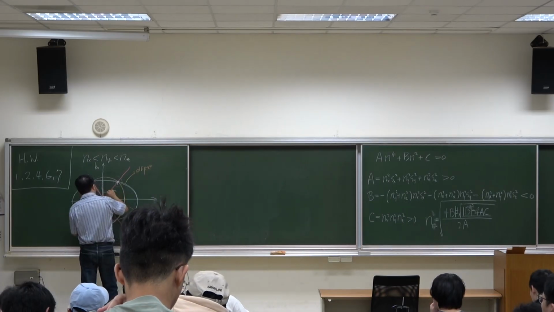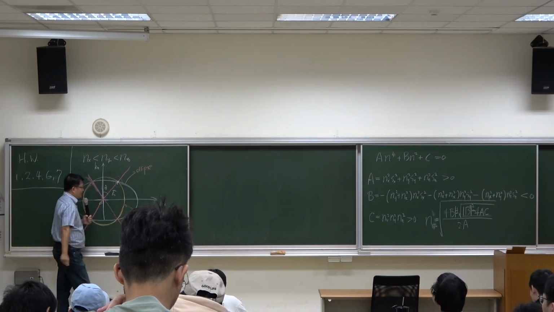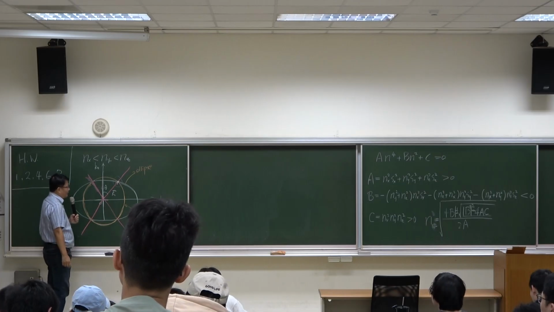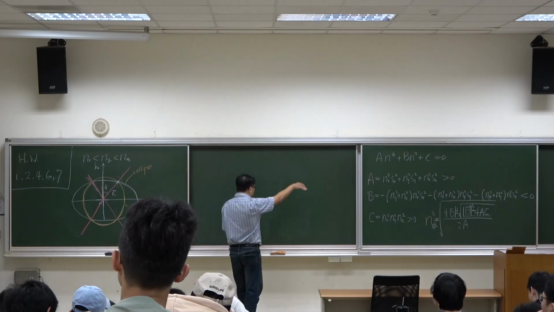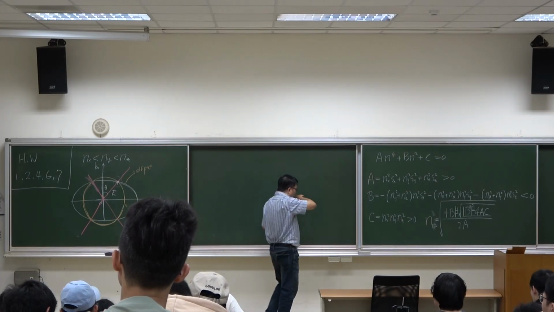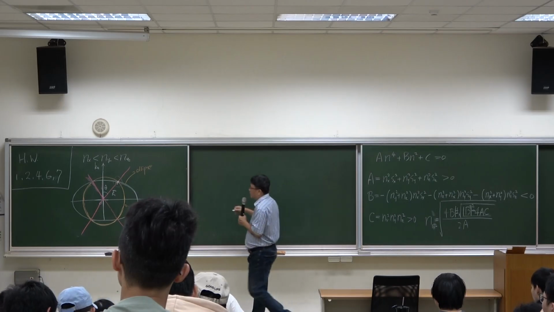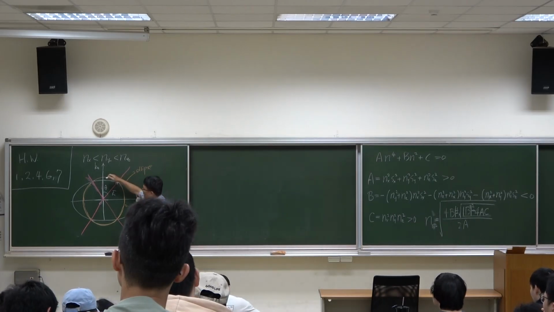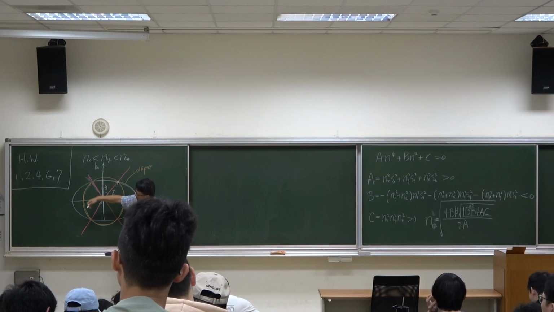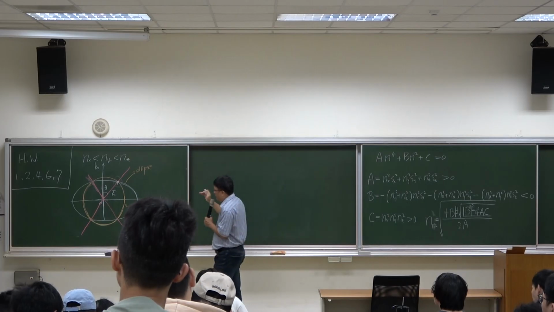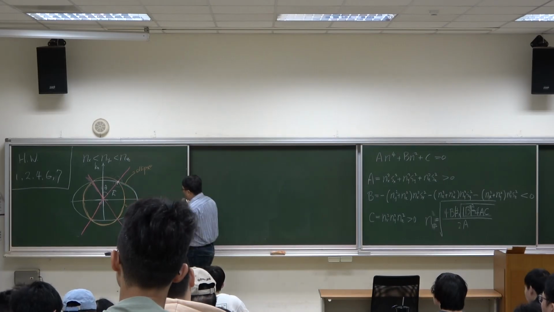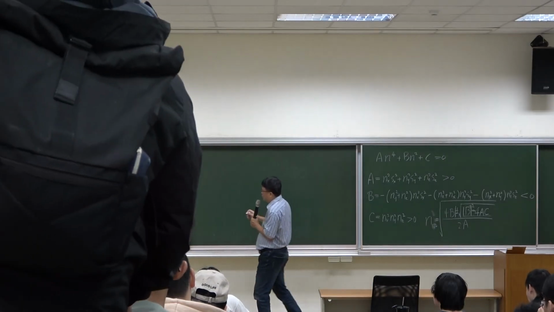First, I want to find the position of this k0 vector. We can find this position by finding the intersection point of this ellipse and this circle. First of all, we need to find the equation of the circle and the equation of the ellipse. We have already obtained such equations.